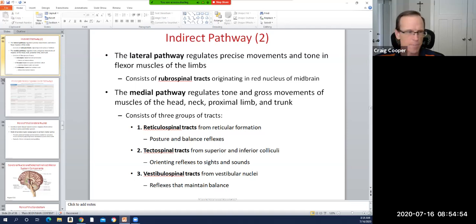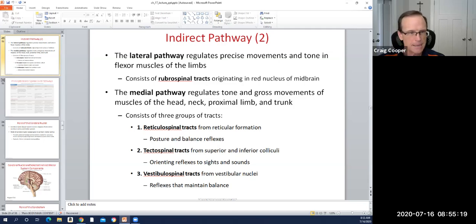I guess it shows up being kind of red when they dissect people. And that's going to help control precise movements and some tone in our flexor muscles. So things like biceps, triceps, finger flexors, toe flexors, plantar flexors in the ankle and calf. Our hamstrings would be our knee flexors. So it's going to help control those things.